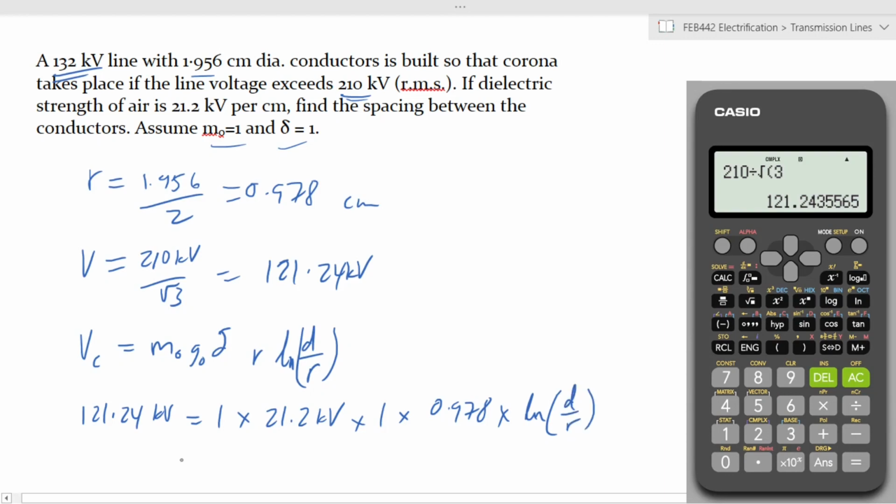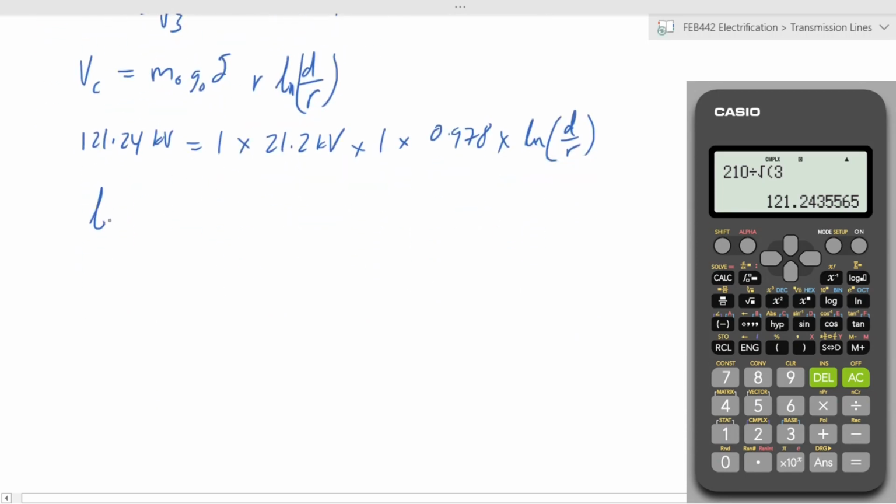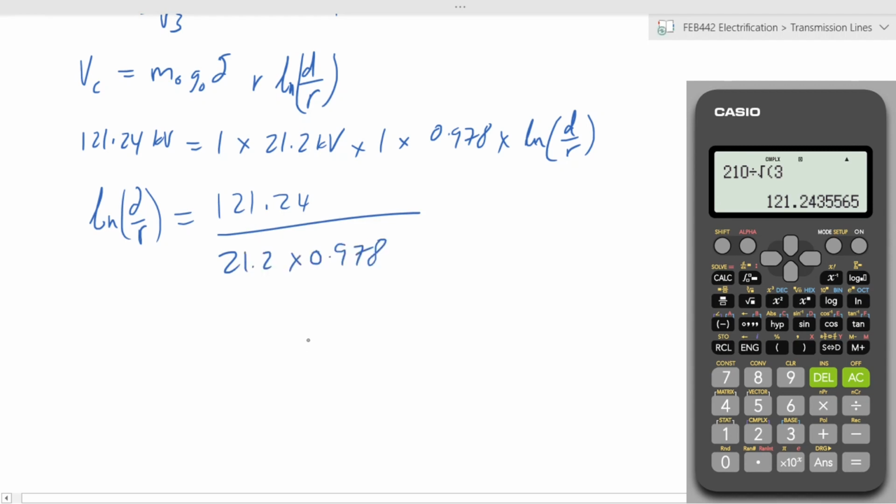Okay, so let's rearrange a bit. ln D over R is equal to 121.24 over 21.2 times 0.978. We can keep the distances in centimeters so that we retain our units. The kVs cancel out, so we can retain those units as well.